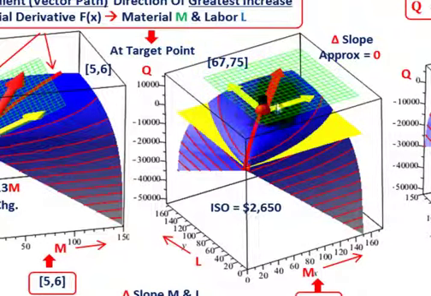Got labor here, material here. And this is where the change in slope is approximately zero. We're sitting at zero here. And these green arrow plots, or green meshes, that's really a vector plane. We just plotted a vector plane based on the gradient at that particular point.